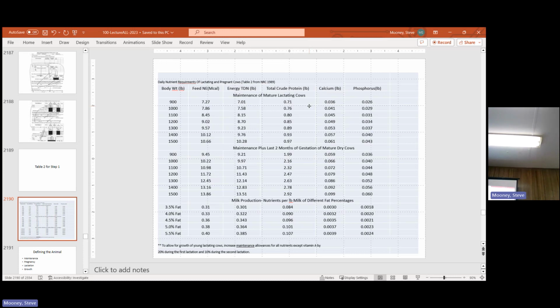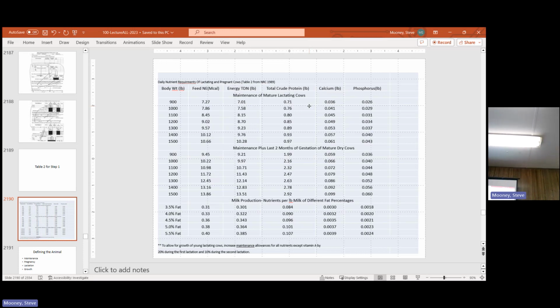If you're like me, you sometimes get confused as to which energy column you're in. I put red lines through my sheet to make sure I don't use that second one. Then we have a column for the total crude protein pounds required for an animal that big or in that state. And then we have calcium and phosphorus.